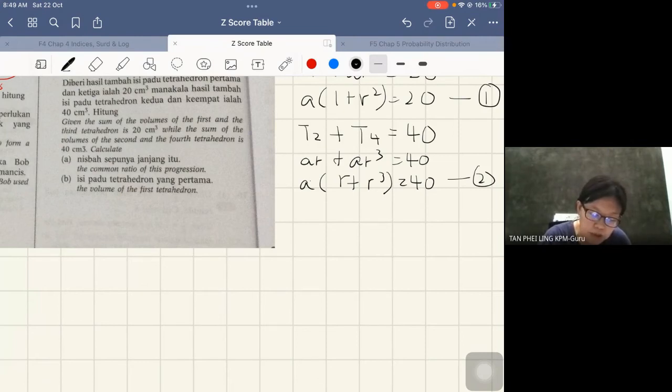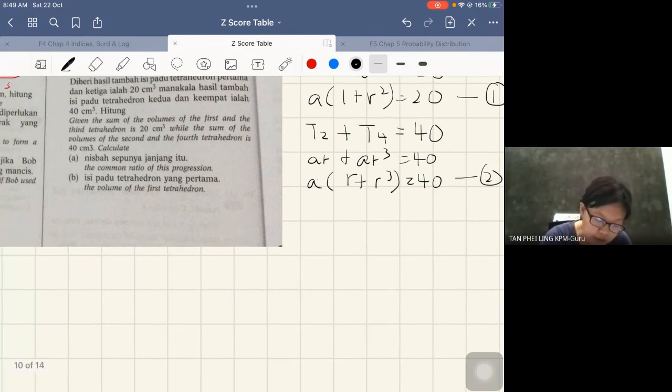To get rid of the A, so that I'm left with my R, I can take 2 divided by 1. So I will have A bracket R plus R cubed over A bracket 1 plus R squared, which is 40 divided by 20.